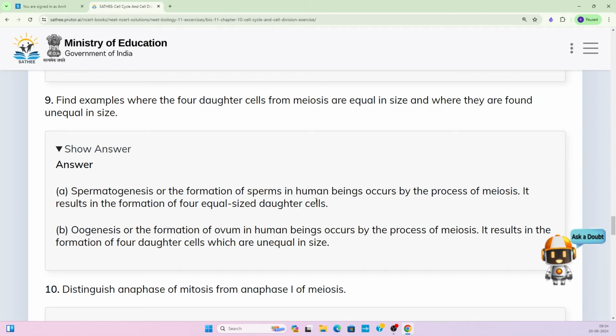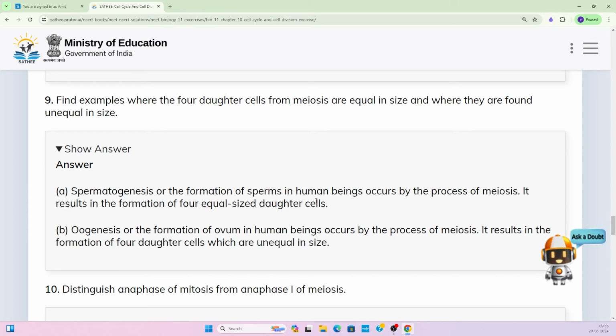Now, the second type of meiosis we see in the case of oogenesis. Oogenesis is the formation of egg in the case of human female. So oogenesis, or the formation of ovum in human beings, occurs by the process of meiosis here also. This is gamete formation, right? Here also the meiosis division, the reduction division, is taking place to form the ova.